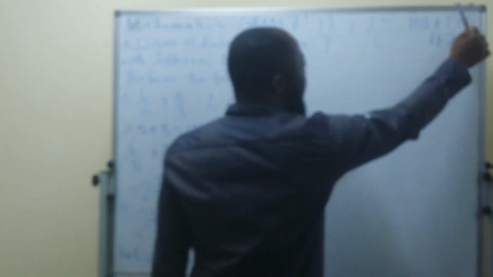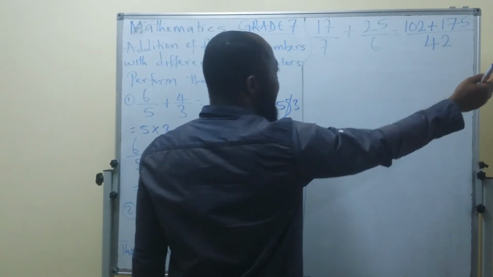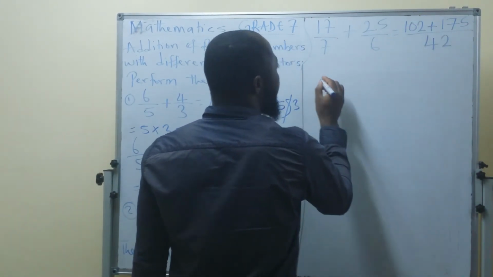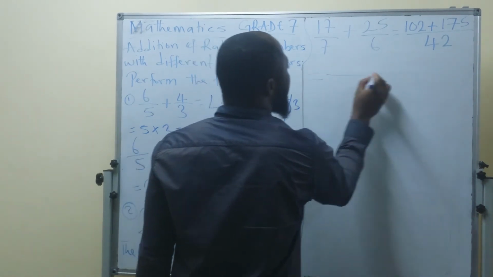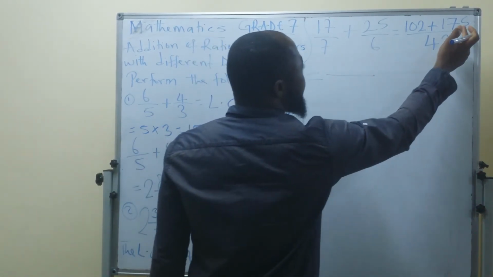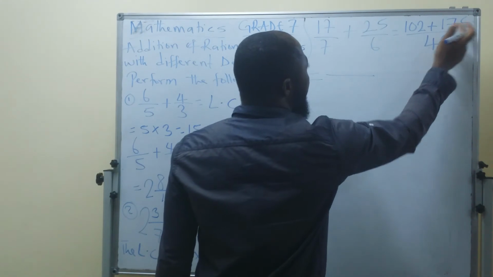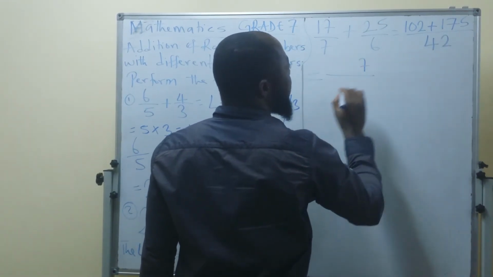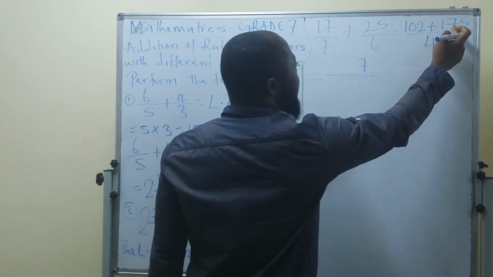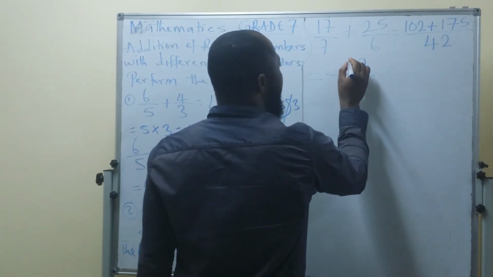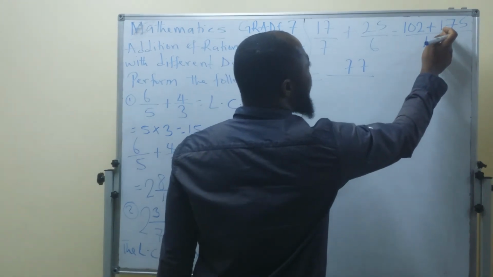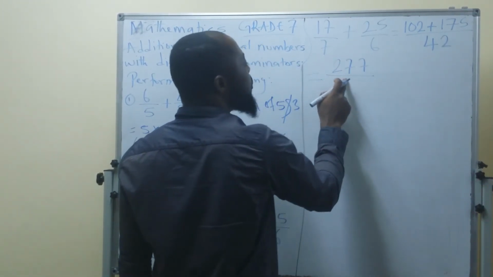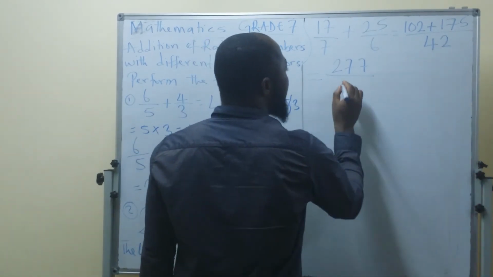To do that easily, you start from your right side: 5 plus 2, you have 7. 7 plus 0, that is 7. Then 1 plus 1, that is 2. So here now we have 277 all over 42.